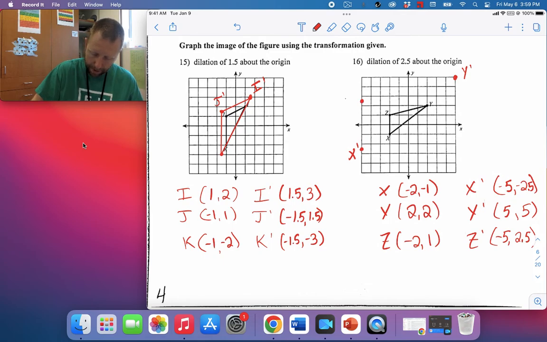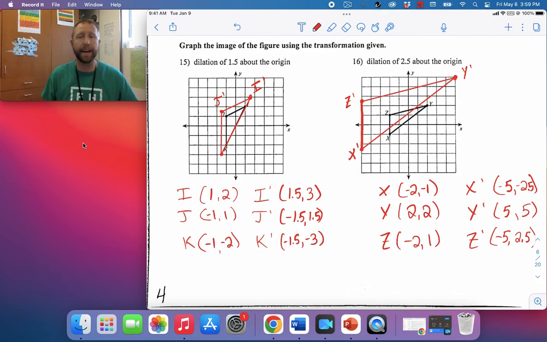That's my Z prime. And then just connect them. You can see we'll have parallel sides again. I'll use the magic of the iPad to make that last one look nice and straight.